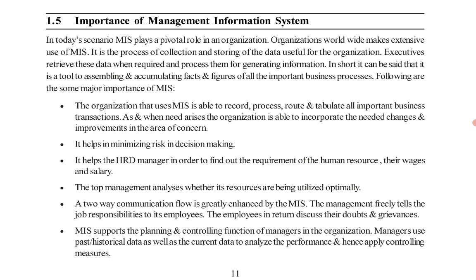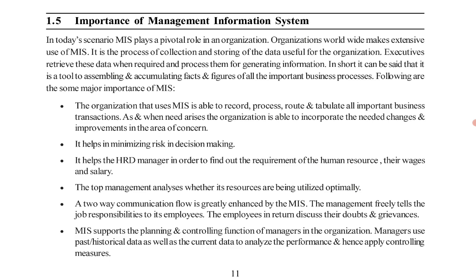The organization is also able to incorporate the needed changes and improvements in the area of concern. So the main role of MIS is to record, process, route and tabulate all important business transactions, and this information can be retrieved back to the departments, organizations and managers in a meaningful form to take appropriate decisions.